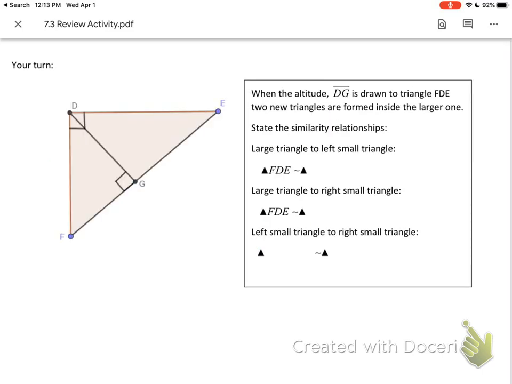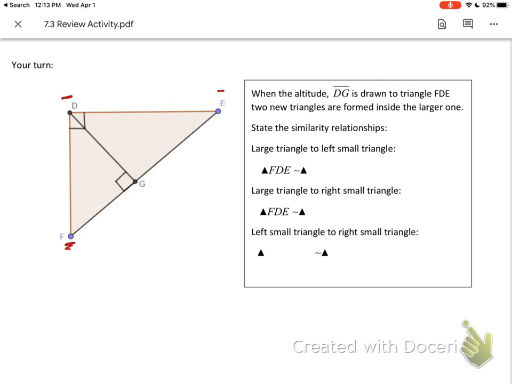So here's your turn. Look and see what you have. I started naming the large triangle this time with F. So here's where F is, and here is D, your right angle, and then E. So I say large triangle to the left small triangle.